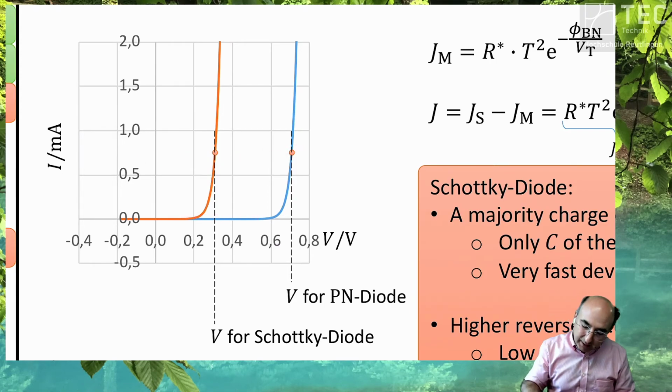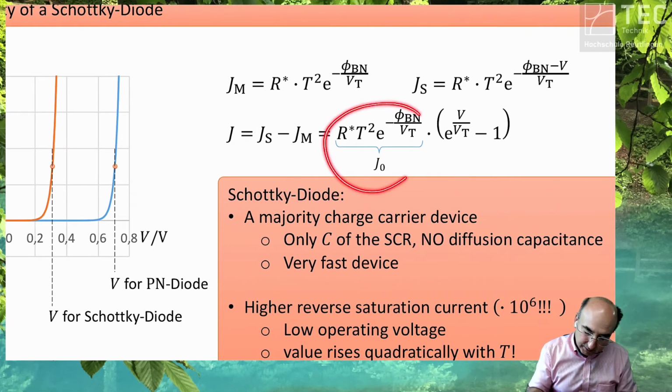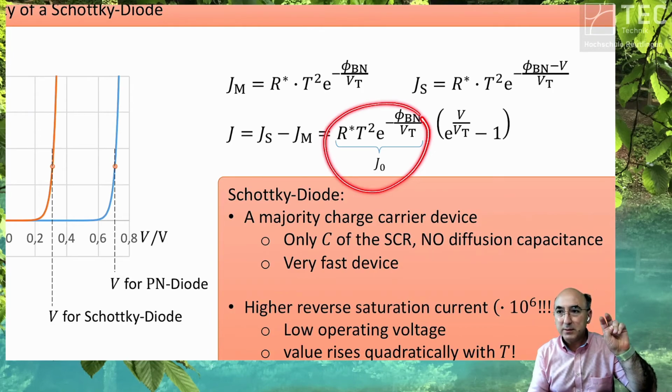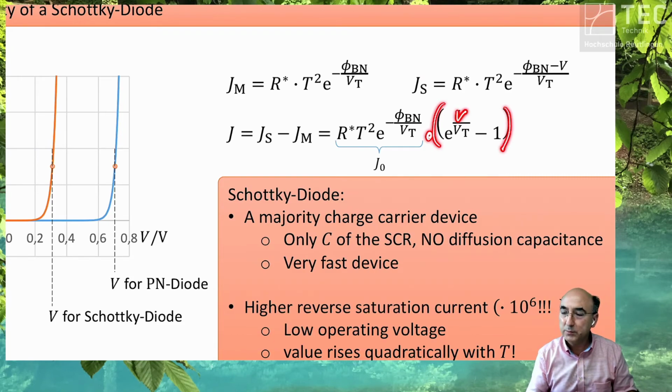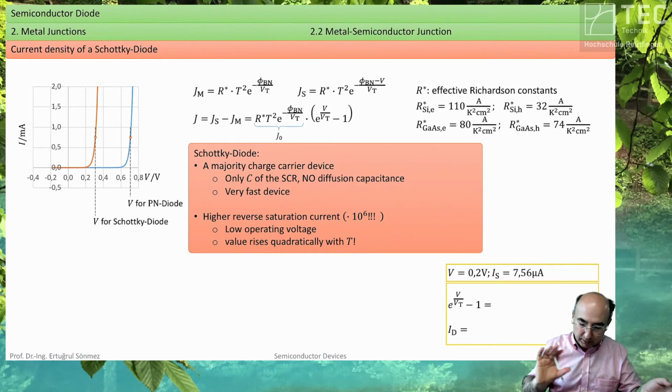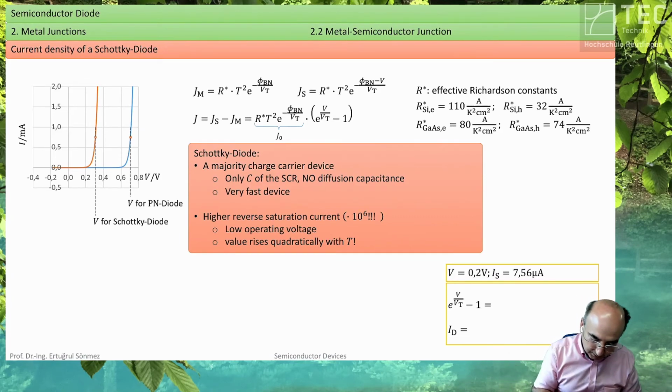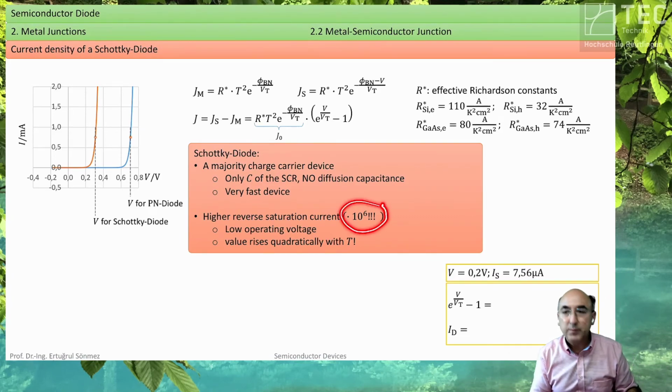That means everything is related to this saturation current, because the multiplier, this term, is the same for both diodes, because your applied forward voltage is the same value. Okay, so the changing value is this reverse current, the saturation current.